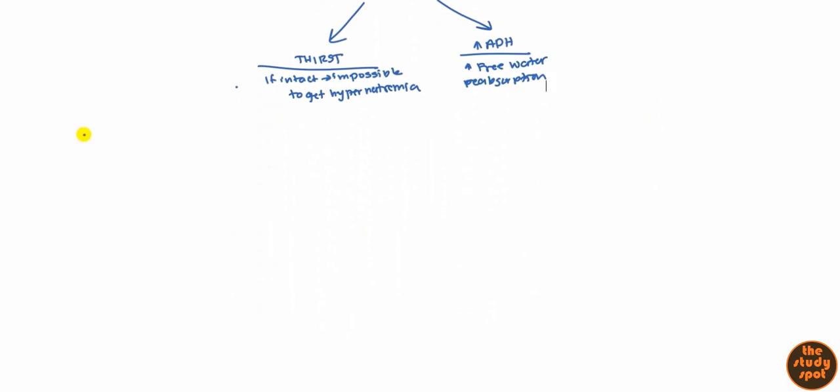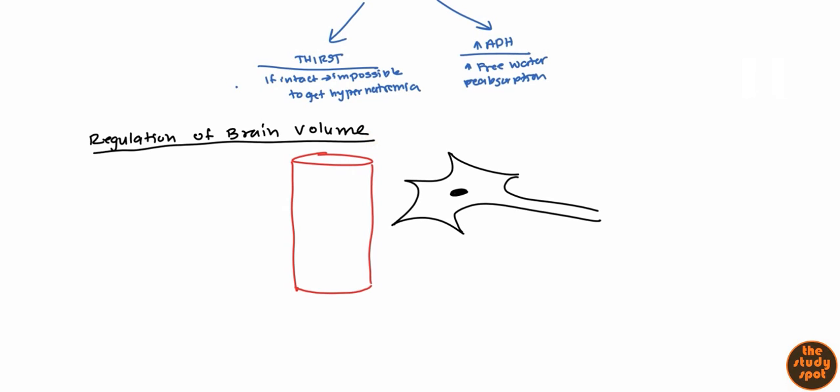Now, what I also want to do when it comes to the pathology is regulation of brain volume related to sodium, because when we talk about the clinical symptoms, they're pretty much all related to the brain. So here I've drawn a brain cell, and here I've drawn a blood vessel.